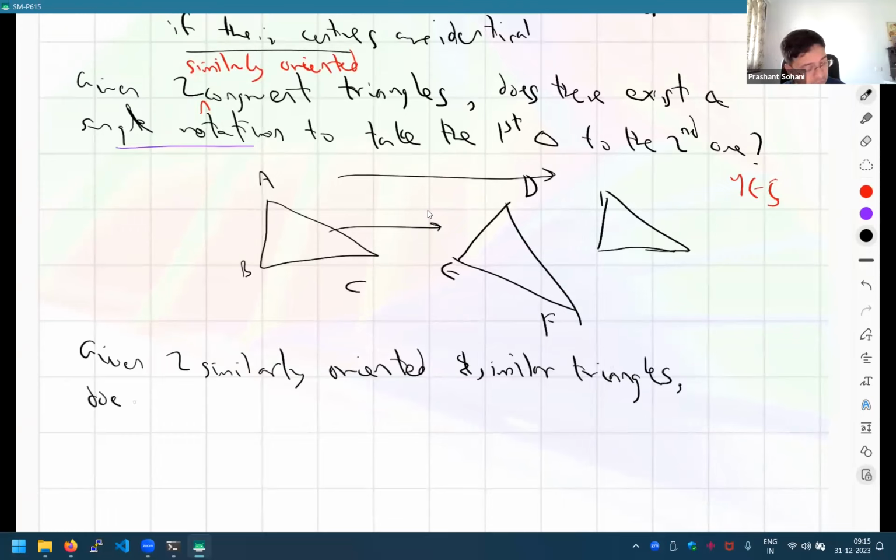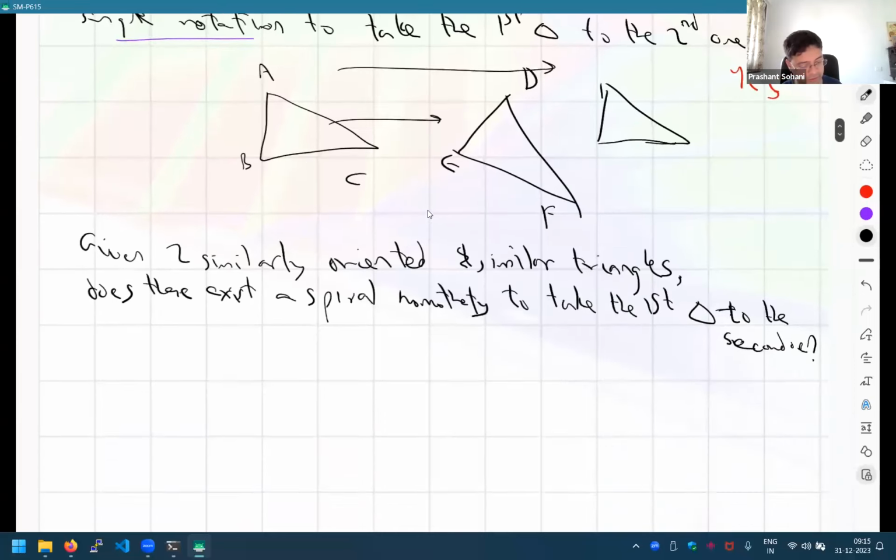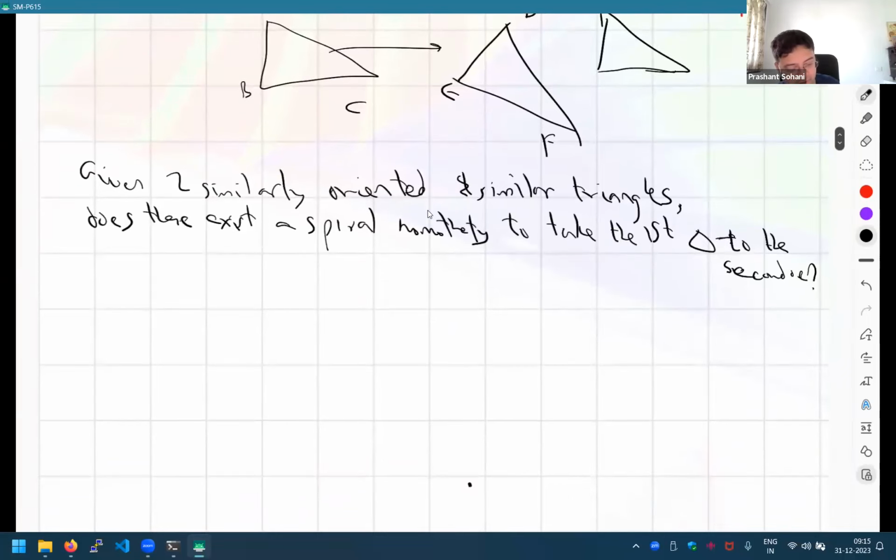Does there exist a spiral homothety that will take the first triangle to the second one? And again, barring some special cases like where a translation is required, in general the answer is again yes.